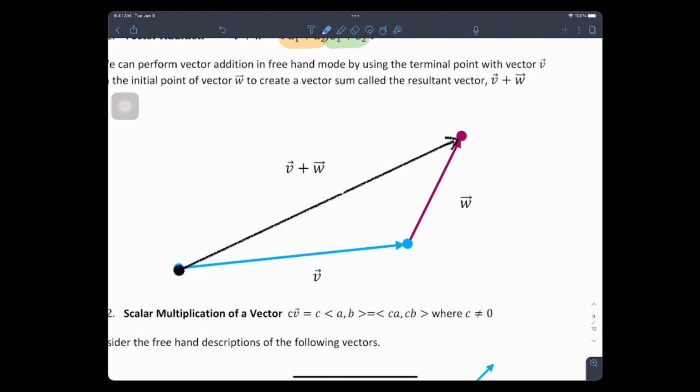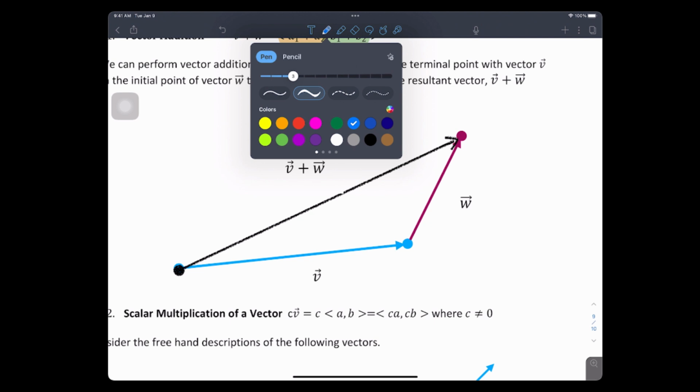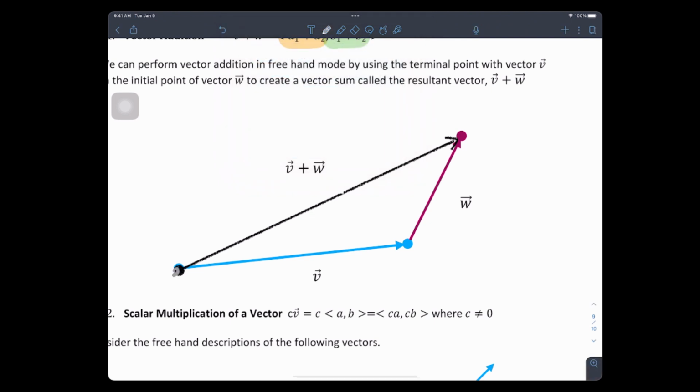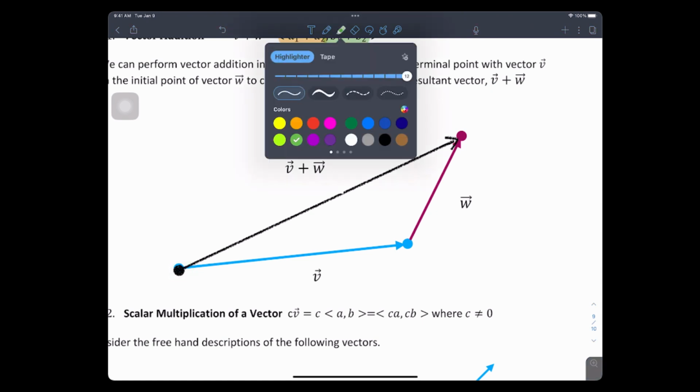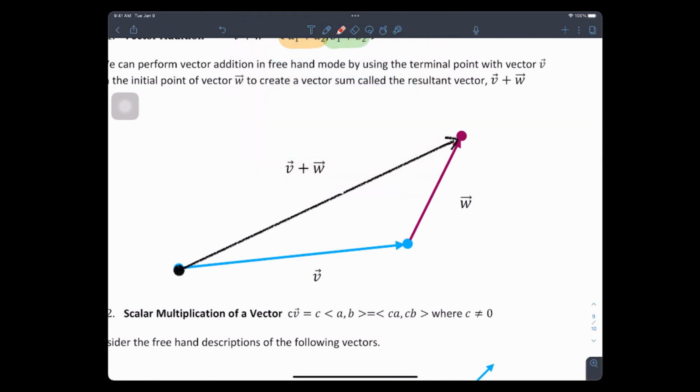You see, what they say here is if you take the first vector, vector V here, right? You have the initial point for vector V and the terminal point for vector V. So here's the real freehand version of how you can add vectors.